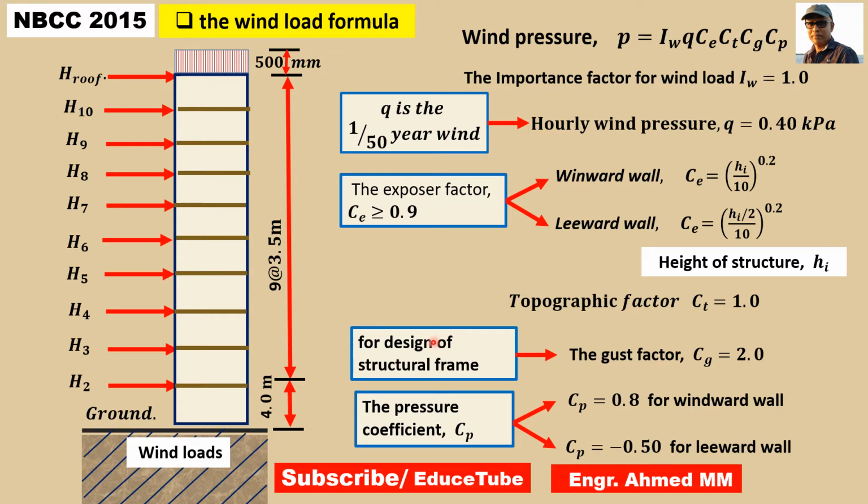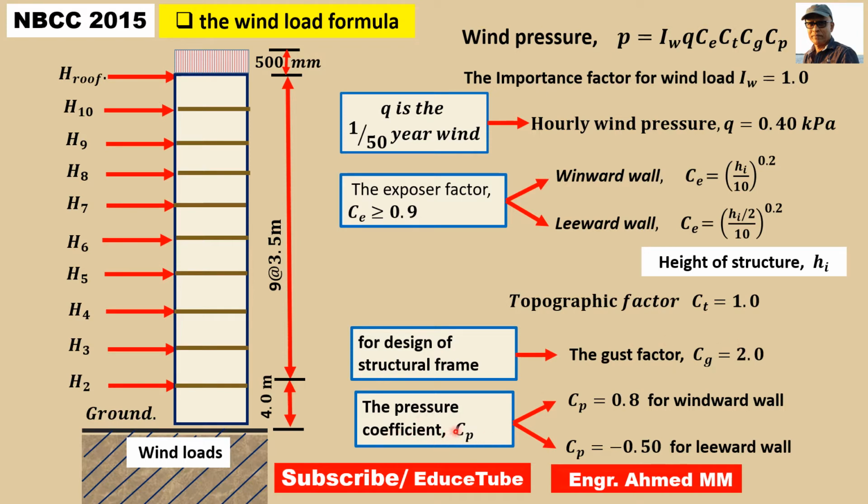Normally for the design of a structural frame, we take the gust factor from the code NBCC 2015. They consider this gust factor, as we are calculating a normal building, to be equal to 2.